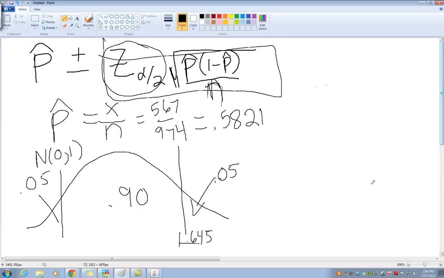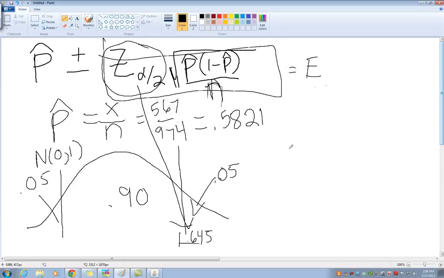Lots of steps. So what we're trying to find now is the margin of error. That's the big question. Find E. This box is E. We found this part of it by finding the Z to the 1/2. Now we can go through and find the second part.